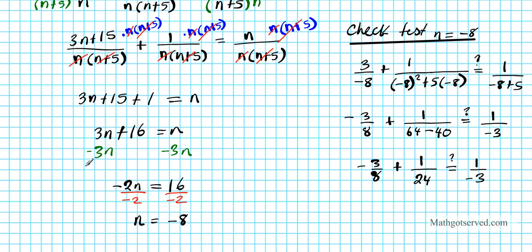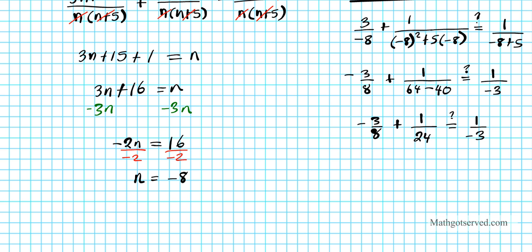Alright, so to resolve these two fractions on the left side, we need to find the LCD. The LCD of 8 and 24 is 24, so this needs to become 24. So what we do, multiply this by 3 top and bottom. So we have negative 3 times 3 is 9, so we have negative 9 over 24 plus 1 over 24. Is it equal to negative 1/3?